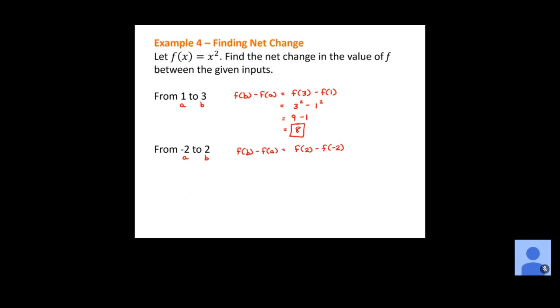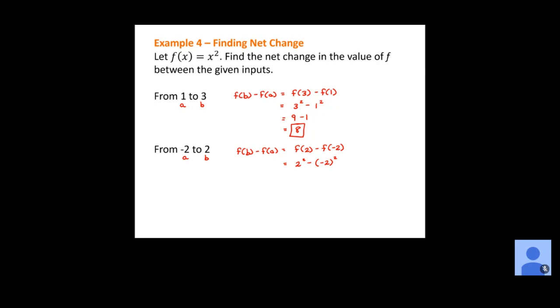Okay, so just be very careful with the order of these. Always start with the f of b, which is the f of the larger value. And so again, we're going to substitute that into our function. That's going to give us 2 squared minus, and then f of -2, again, make sure you put the -2 in parentheses because we're going to square that whole value.